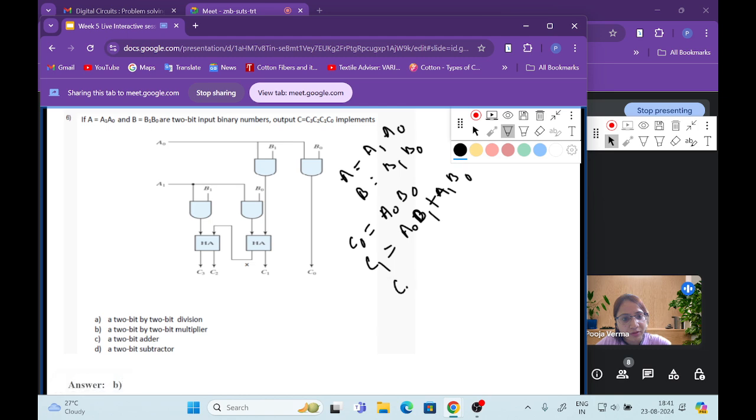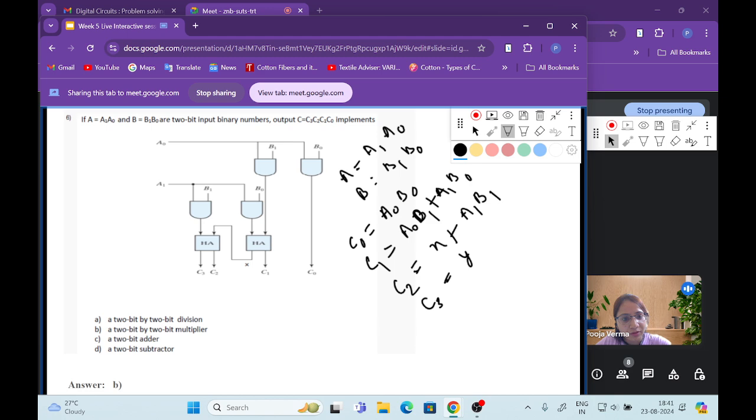So what will be the output of C2? For C2, one is the carry X plus A1 B1. C3 is not given anything, so we can take it as Y.